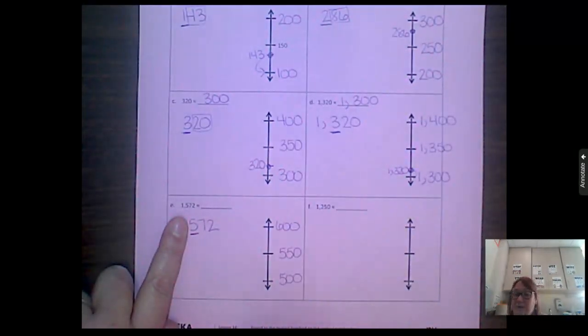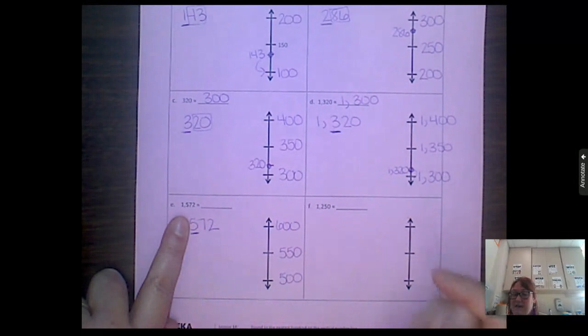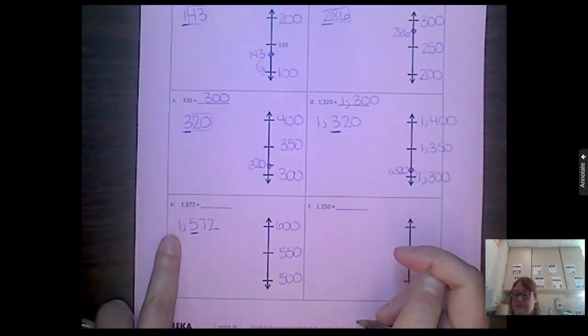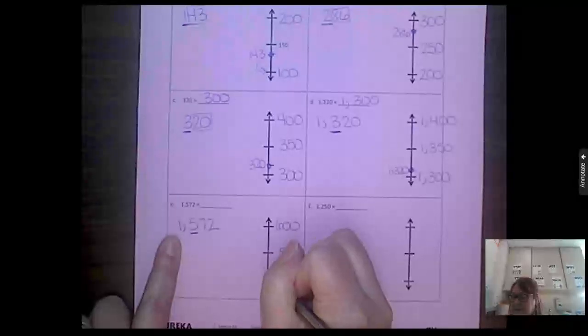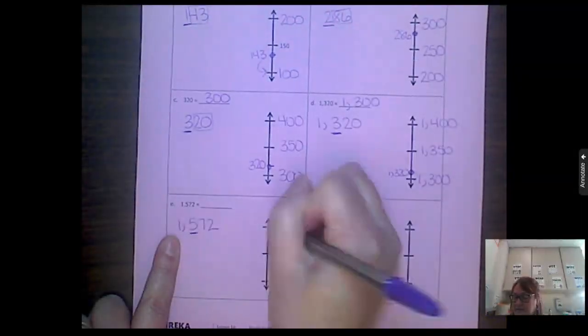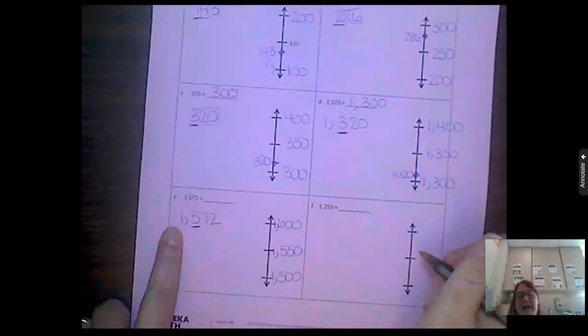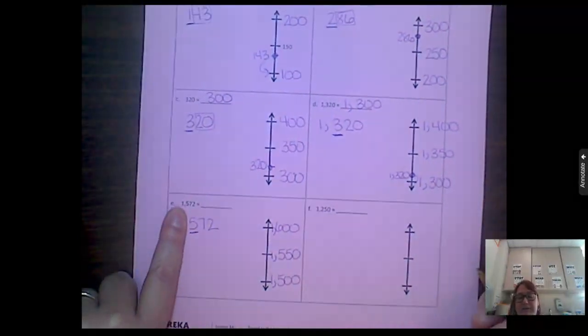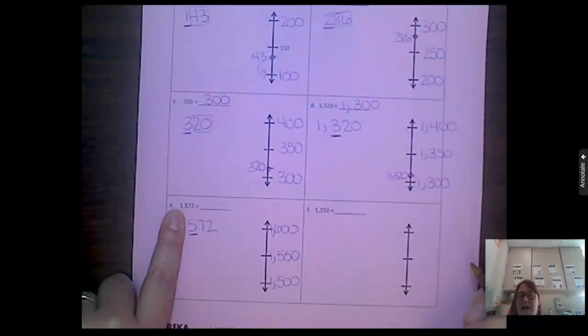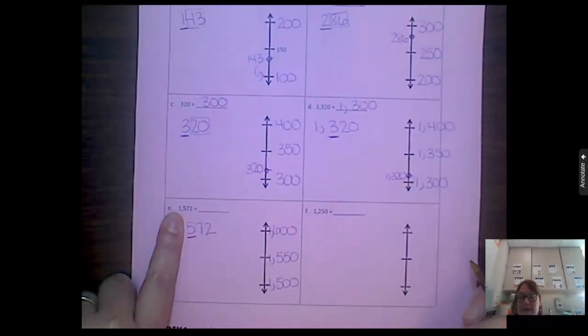Now that I have that, now I need to remember to do this, right? Uncover that, and there's that 1,000. Now I'm going to stick that 1,000 back in there. Do you see what I did there? Because sometimes just having that extra number in there is confusing to some kiddos, and we want to maybe round to the nearest 1,000, or we want to do different things because that's just throwing us off.